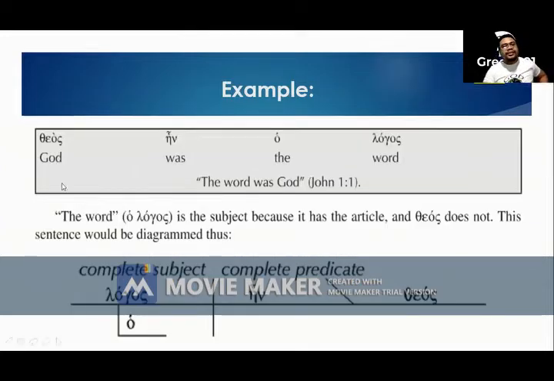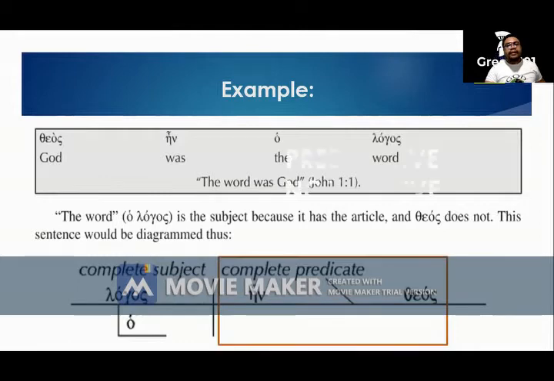Another one, let's read the sentence: Theos ein ho logos. So we have God, theos, ein, was, a verb to be, past tense, and the word. So, God was the word, but let's see the definite article, the. If it is in the sentence, or rather in the word, it is the doer of the action, so it is the subject.